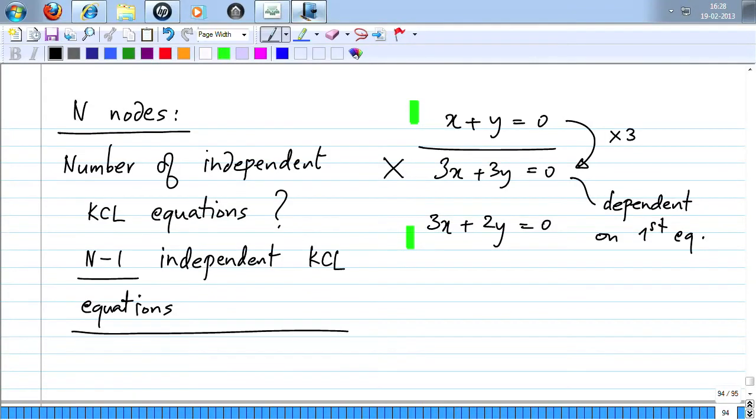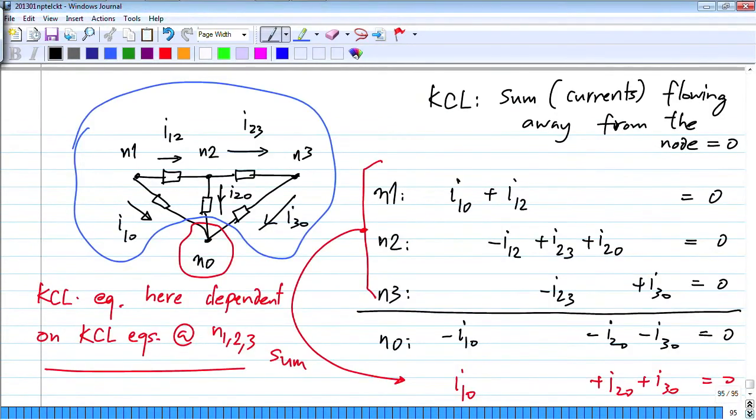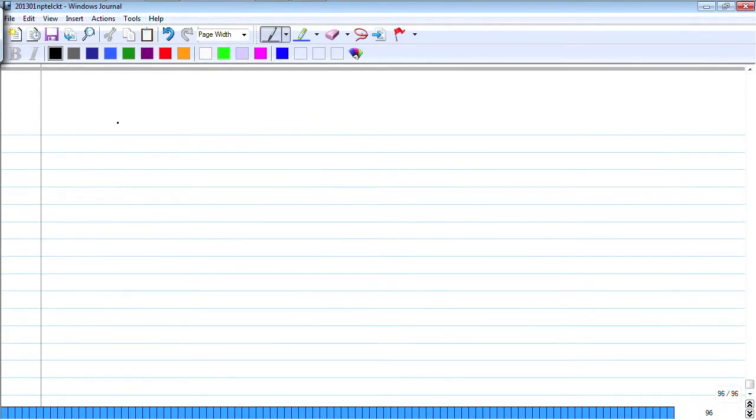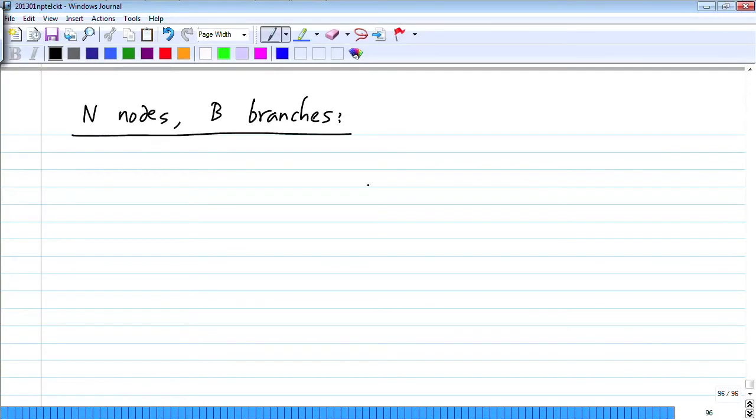Okay, now I think it's quite simple. The next thing is, I have the same circuit with n nodes and b branches.